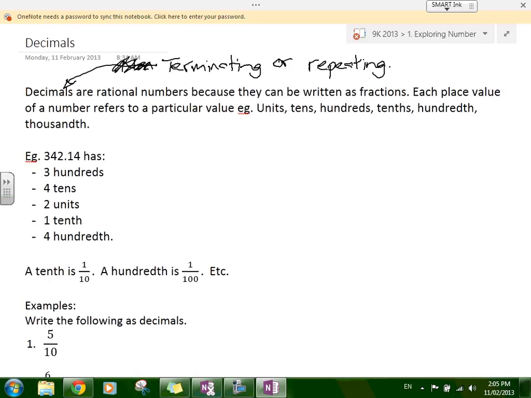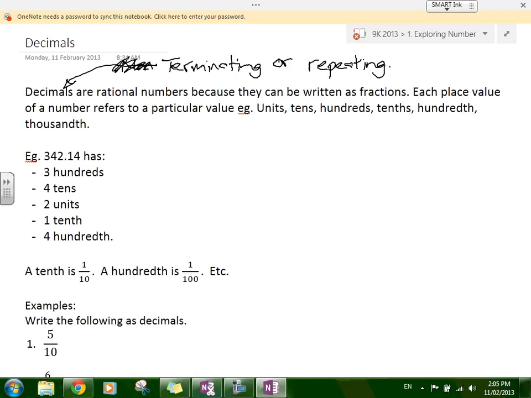Now, each place value of a number refers to a particular value. We talked about place values in earlier years, and it's an important concept. So you have units, tens, hundreds, tenths, hundredths, thousandths.